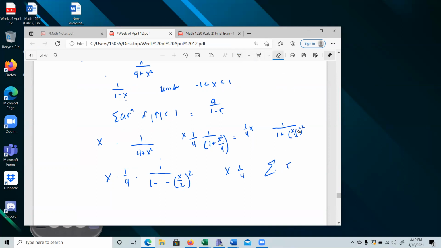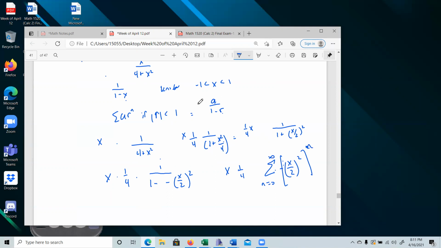We want the negative x over 2 squared, I think there's a negative in here, raised to the n as n goes from 0 and marches on.